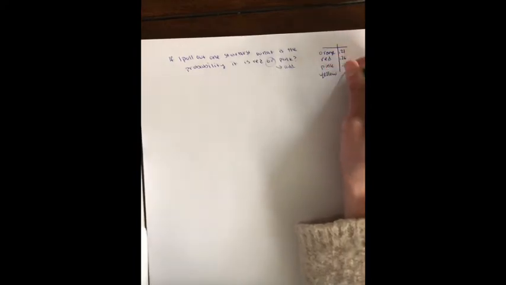Well, we know that or means add because our probability should be increasing. So I know the probability of red. I'm just going to rewrite my table over here. So I know that the probability of red is 0.26 and the probability of pink is 0.28.